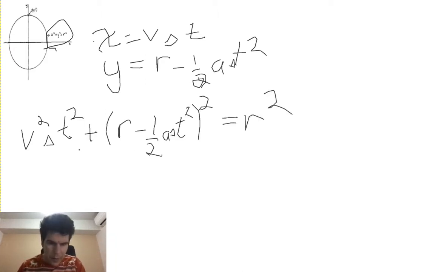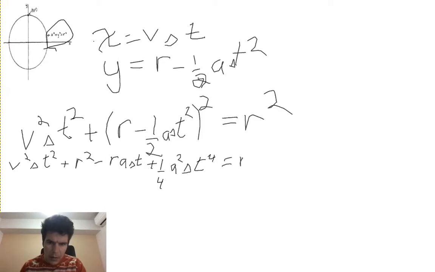Let's simplify by expanding. r squared minus 2r times 1/2 a delta t squared, that is r a delta t squared, plus 1/4 a squared delta t to the 4 equals r squared.